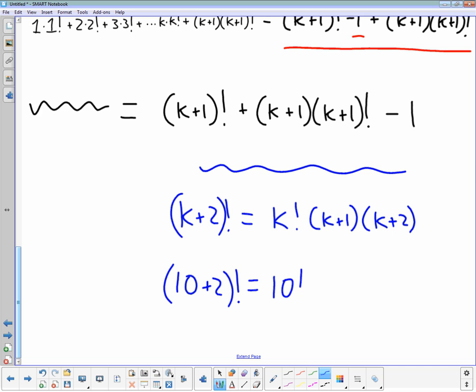That's 10 times 11 times 12. See what I mean? That's really what k plus 2 factorial is. That's my goal. The k plus 2 factorial is what I want. So it's a good thing to know what I'm looking for.